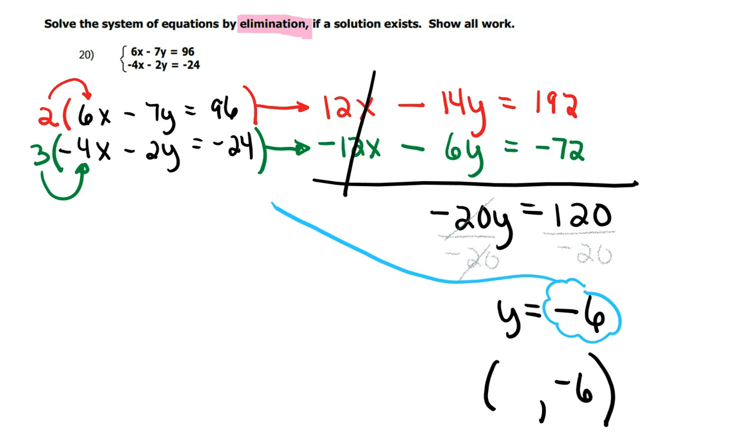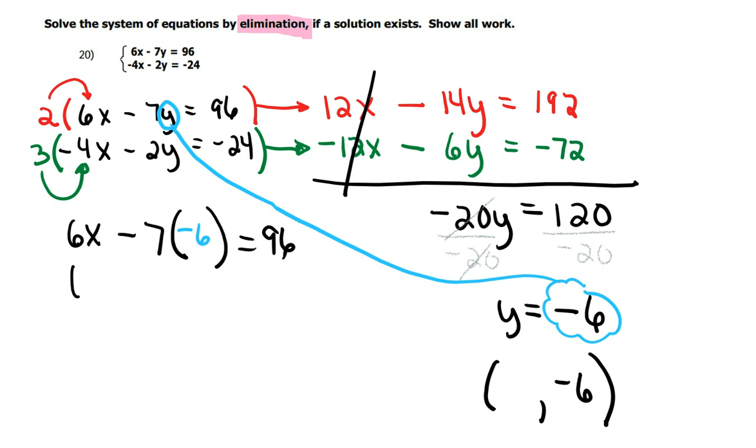It doesn't matter if you use the top one or the bottom one. The bottom one has three negative numbers in it, so I'm going to plug that into this y right here. So I'm going to have 6x minus 7 times, and I got a negative 6 for my y coordinate.